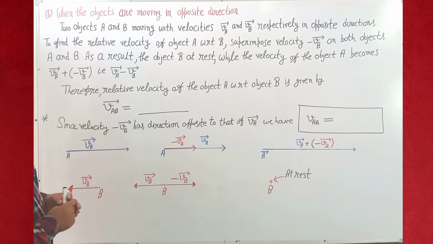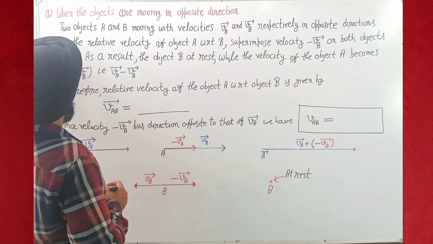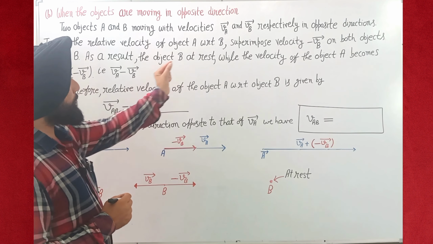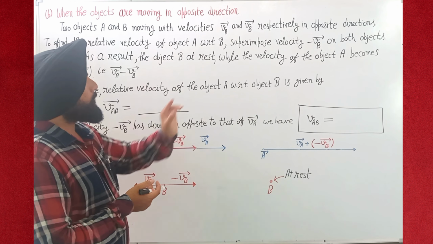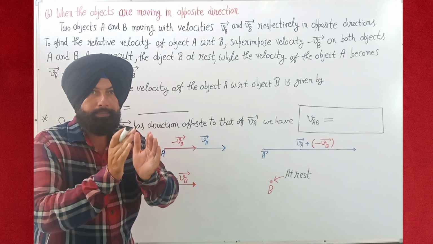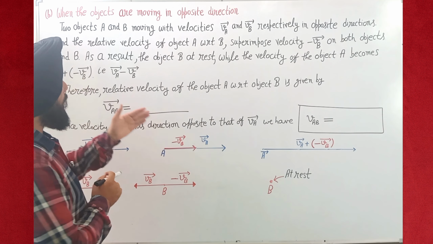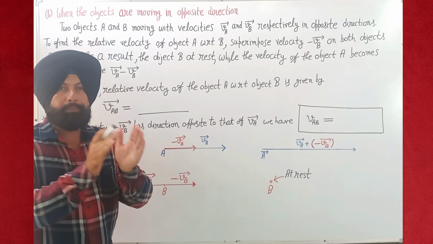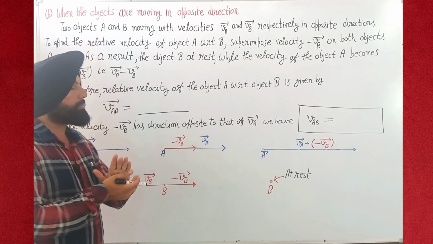Now, to find the relative velocity of object A with respect to B, superimpose velocity minus VB vector on both objects A and B as we have done in the previous case.